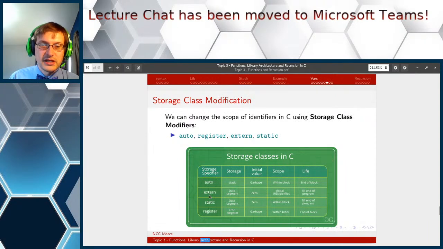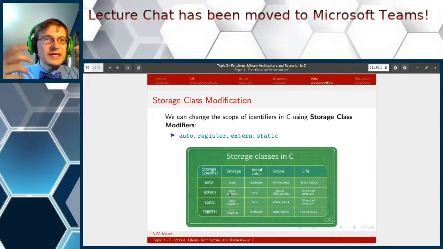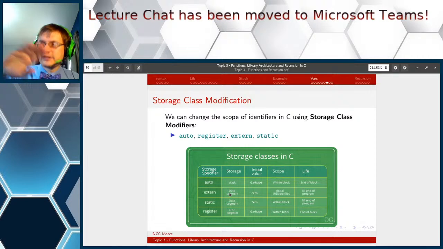External variables are stored in the data segment and not the stack. Because they're not stored inside of the stack frame, they are persistent between different function executions.